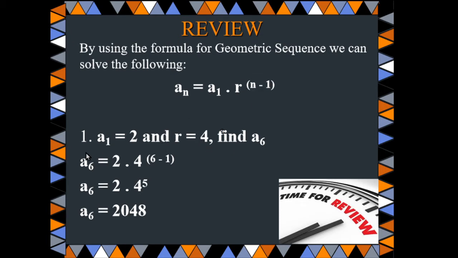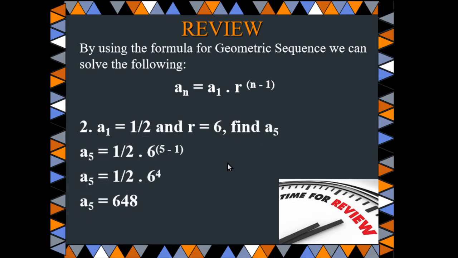Substituting the given values, a sub 6 is equal to 2 times 4 raised to 6 minus 1. The value of n is 6 because the unknown is the sixth term. Simplifying, a sub 6 is equal to 2 times 4 raised to 5, and the final answer is 2048.